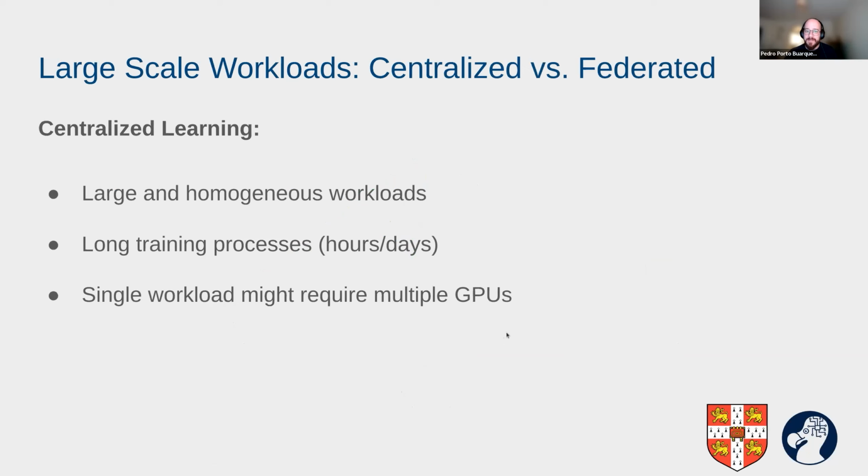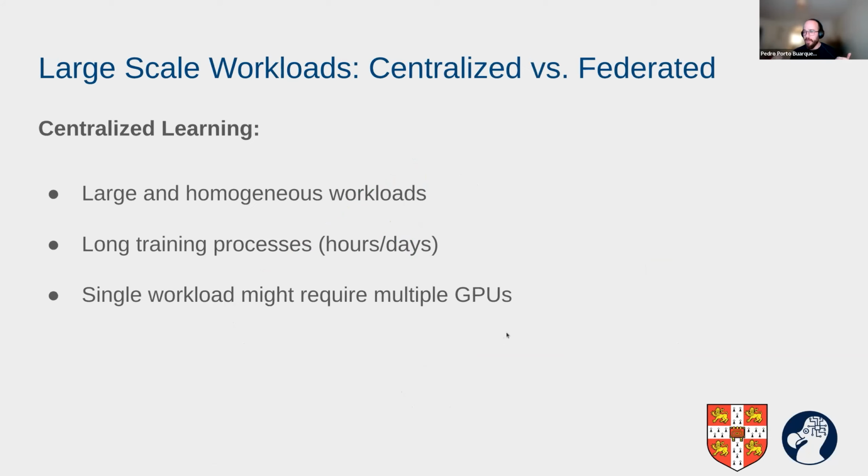Now, if we see this process as a general machine learning workload, we might be biased towards some requirements, some characteristics that are actually from centralized training, centralized learning. And when we look into centralized learning, we see that usually you have large and homogeneous workloads.